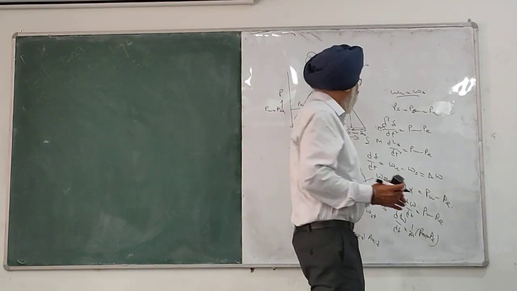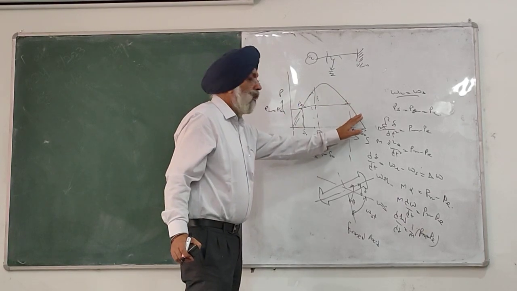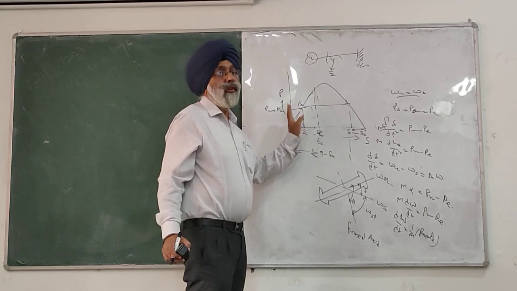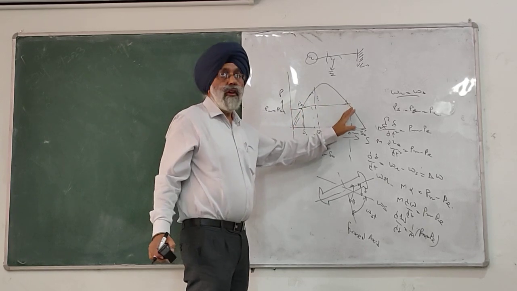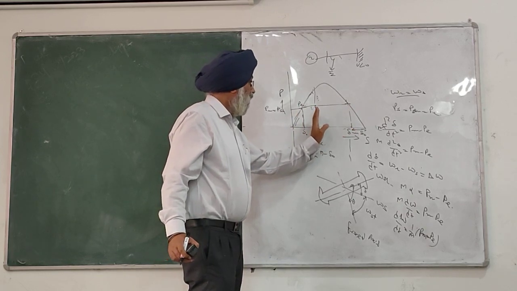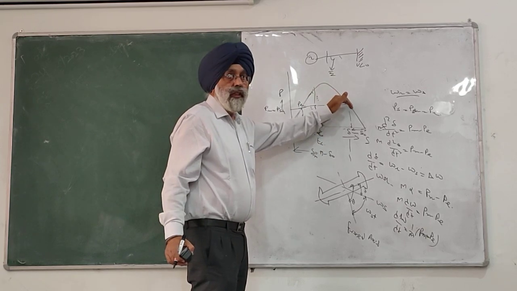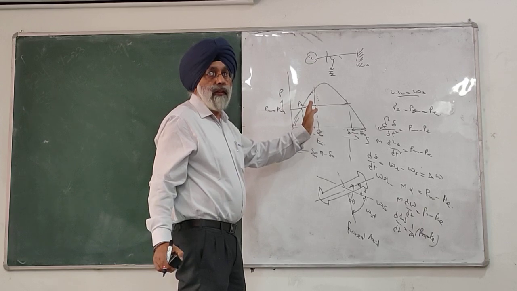When a fault occurs, our objective is to find the value of delta. During the fault, we have to find the value of this delta and the angular velocity. At the instant of the fault, what will be the value of delta, and after this, what will be the angular velocity, because at the synchronous speed it will start reversing.